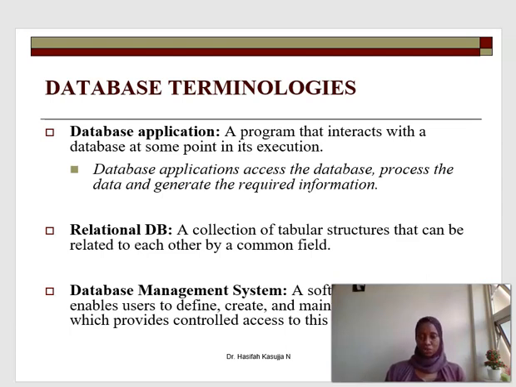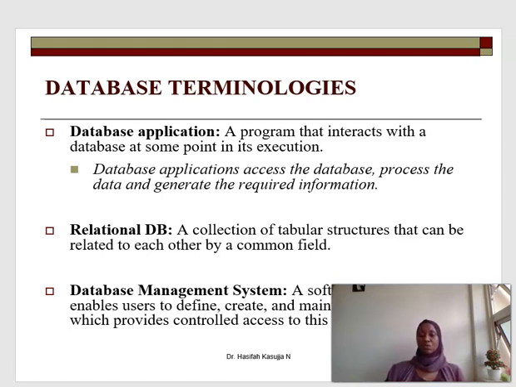Then we have a relational database. We shall talk about this in depth when we are covering topics 3 and 4. But a relational database is usually a tabular structure that helps us to store data, and this tabular structure is in the form of rows and columns.